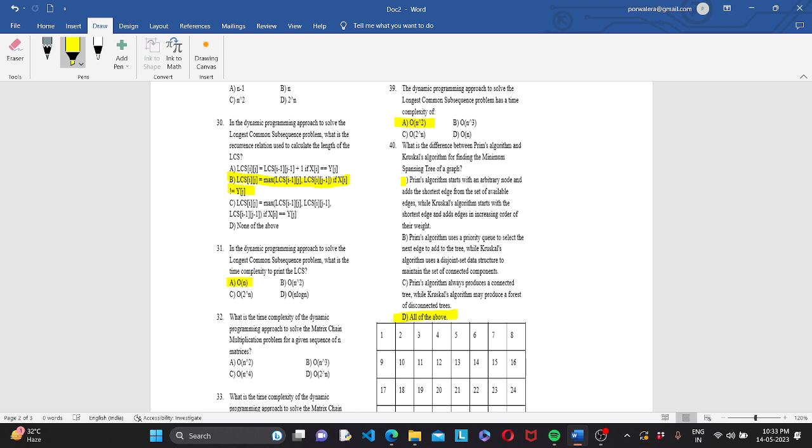Option number B, Prim's algorithm uses a priority queue to select the next vertex to add to the tree, while Kruskal's algorithm uses a disjoint set data structure to maintain the set of connected components. Prim's algorithm always produces a connected tree, while Kruskal's algorithm may produce a forest of disconnected trees. So all the options are correct, and the answer for our problem would be all of the above.